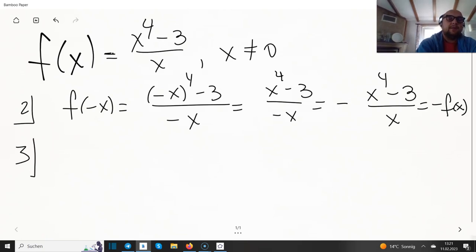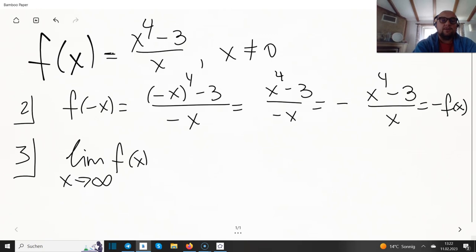Number 3, what about the behavior of the function towards plus or minus infinity? So if the limit of x towards plus infinity is being considered, obviously x to the power of 4 is easily winning, and we are going to get plus infinity. And, well, we're going to the right, and we're going up.